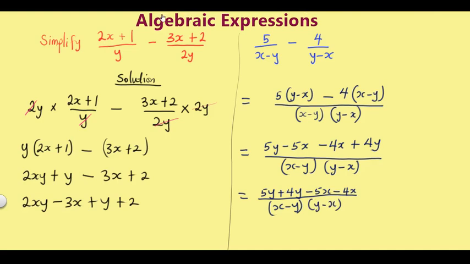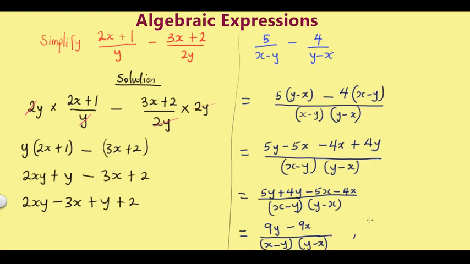If we take this further, it becomes 9y minus 9x divided by (x minus y)(y minus x).